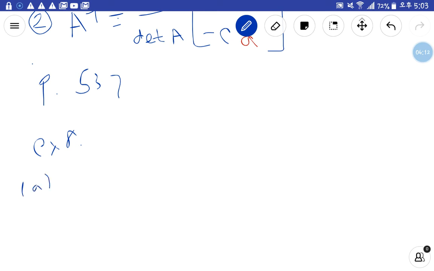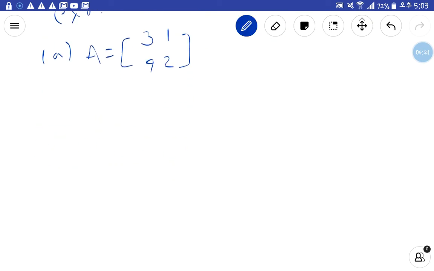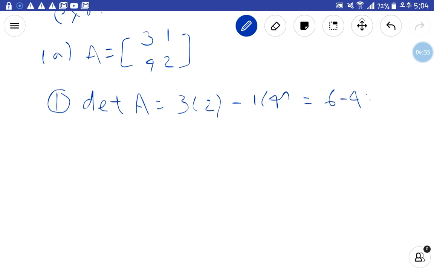Your A is this: 3, 1, 4, 2. First, what should I check? The determinant. The determinant of A is 3 times 2 minus 1 times 4, and that becomes 6 minus 4, which is 2. This is not 0, so we can find the inverse matrix.